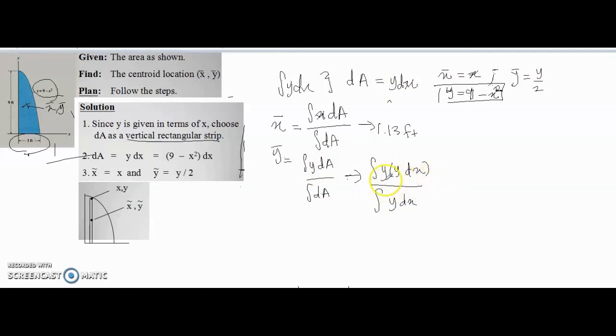Okay, so substitute all the equation of y with this equation. So this will become y is 9 minus x squared. So this one is 9 minus x squared dx over integration of 9 minus x squared dx.